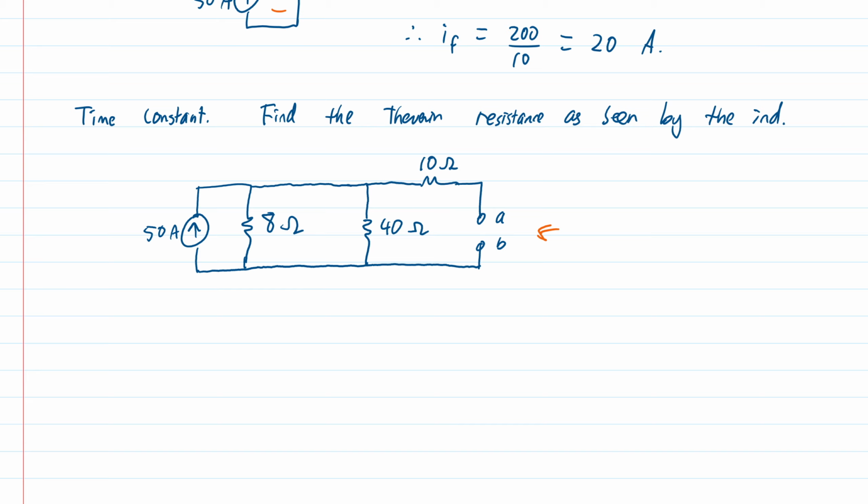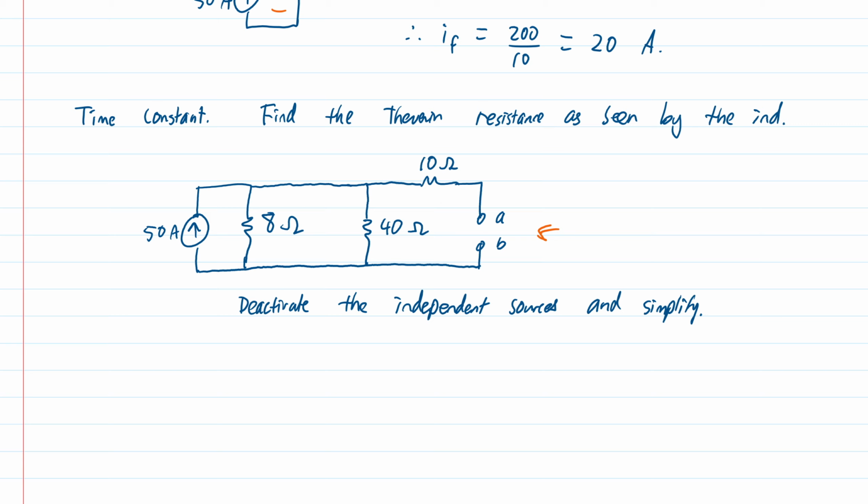We could also find it by doing open circuit voltage and a short circuit current. So we've got a few strategies for finding the Thevenin resistance. But the easiest one would be to deactivate the independent sources, and simplify.